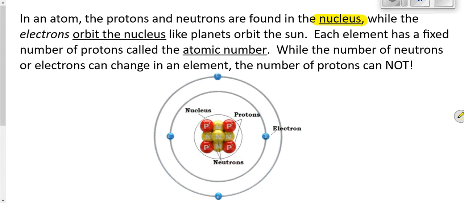And in that nucleus, in the middle, is where we're going to find our protons and our neutrons, and those are the heavy pieces. So the nucleus here, we can see the word nucleus, just talks about this central part. And in that central part, we've got our protons and we've got our neutrons.